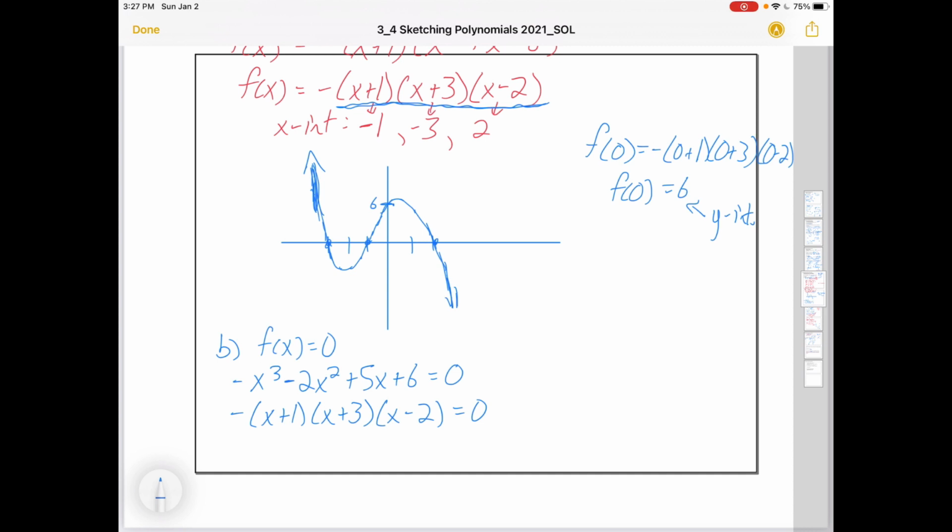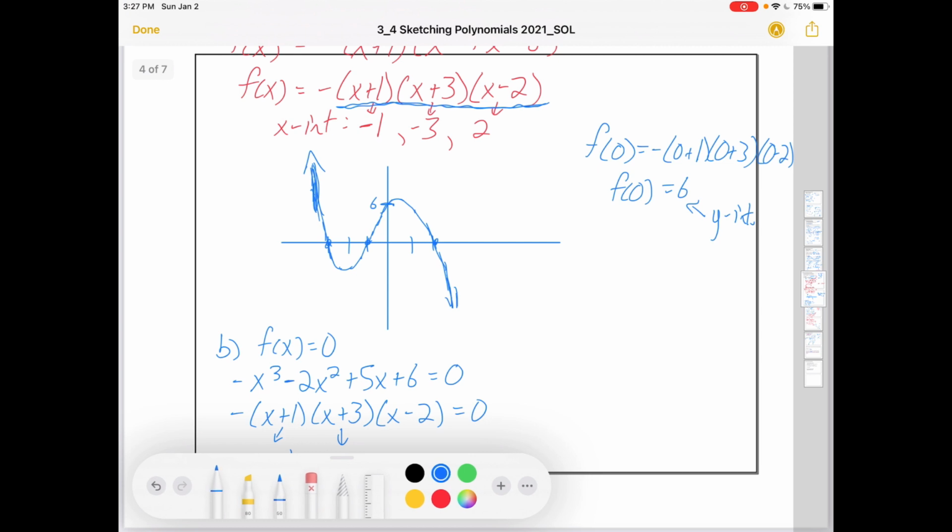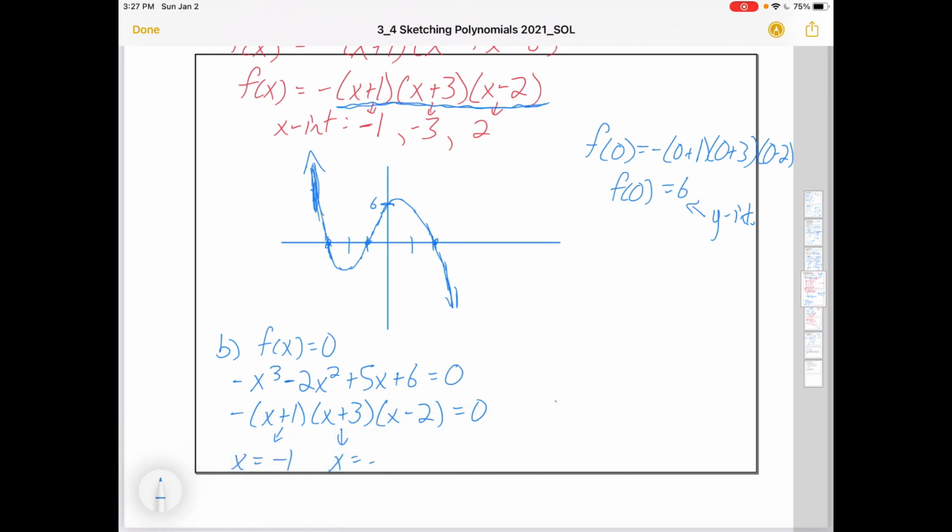And when we write it in that factored form, the solutions are easy. They're whatever zeroes out each bracket. So that's going to be -1, -3. Try and write a legible 3 there. And +2.